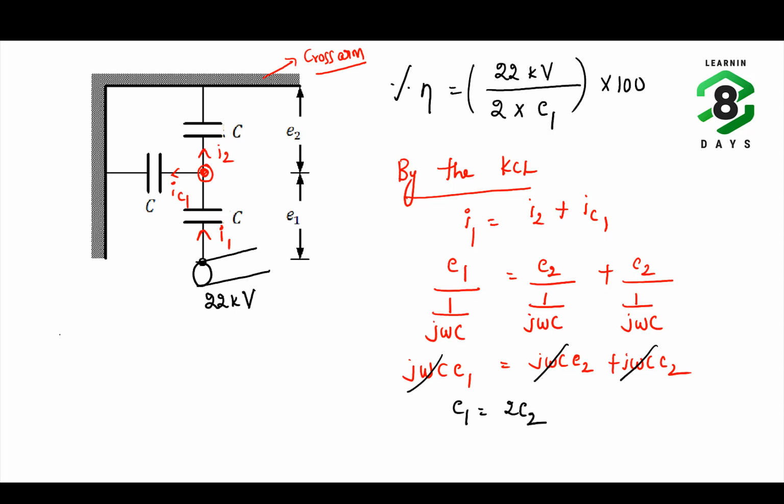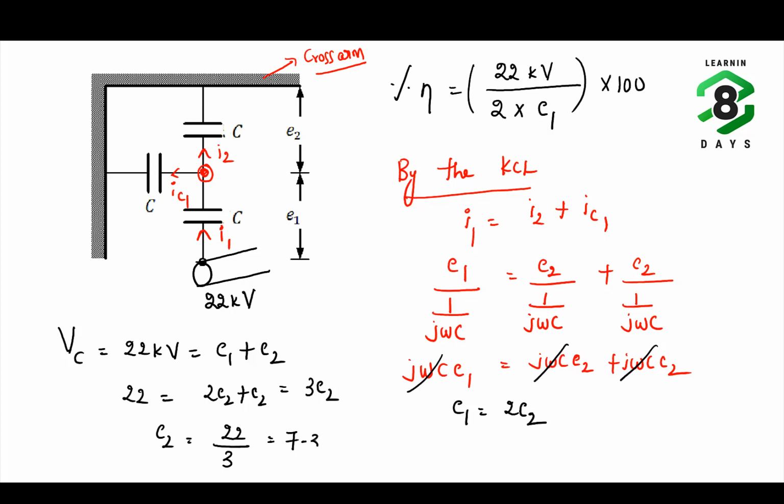But what we know, the voltage of the conductor, that is 22 kV, is equal to E1 plus E2, that is 22 is equal to, instead of E1 I am writing 2E2, 2E2 plus E2, that is 3E2. So from this, E2 value will become 7.33 kV. Which implies E1 value will be how much? Twice of this one, 14.66 kilovolt. So we know both E1 and E2 values.